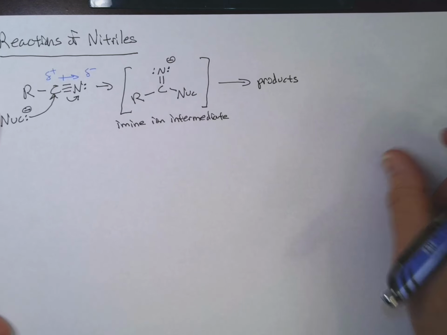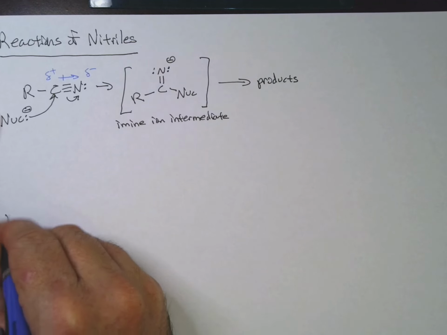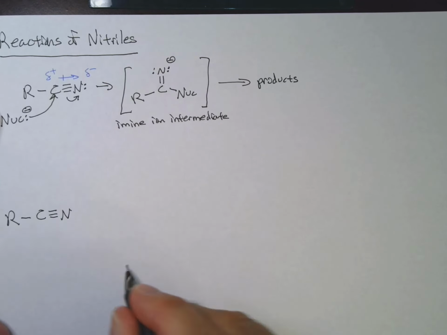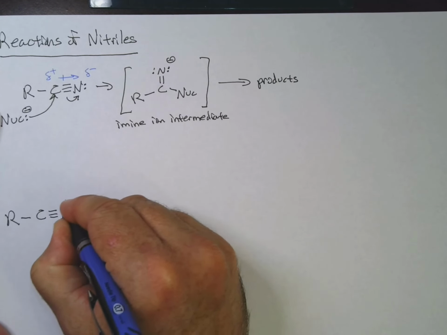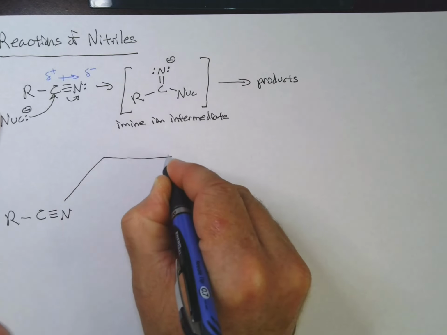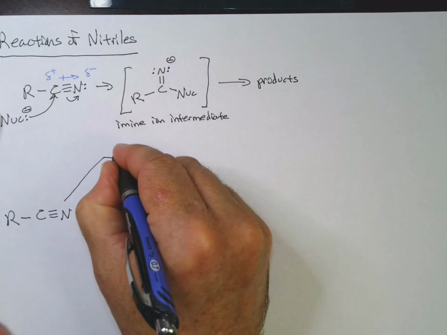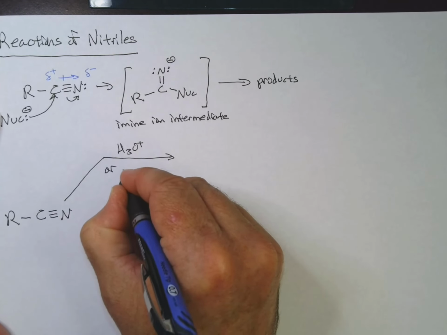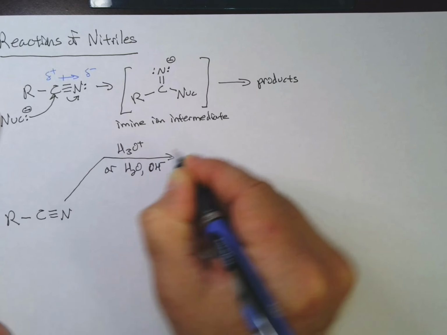So what can we do? Let's take RC triple bond N. One thing we could do is hydrolyze this using H3O plus or H2O, OH minus, so NaOH.